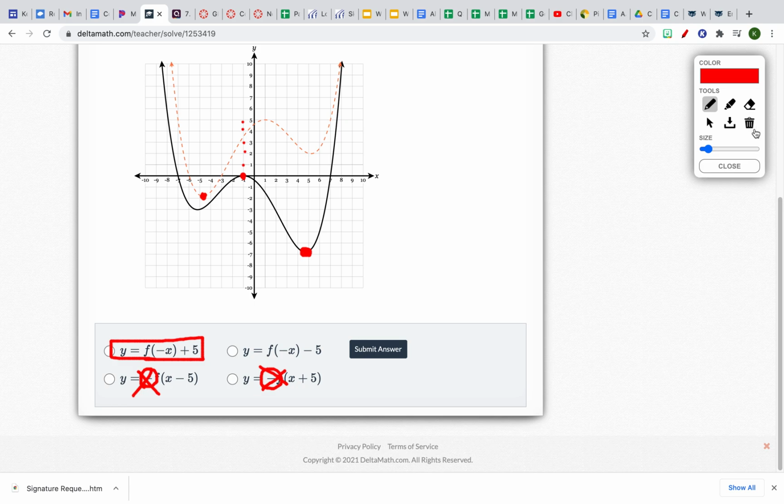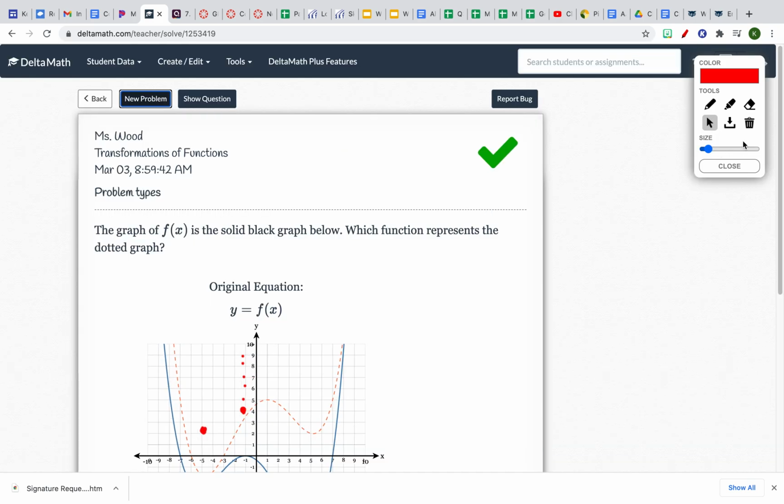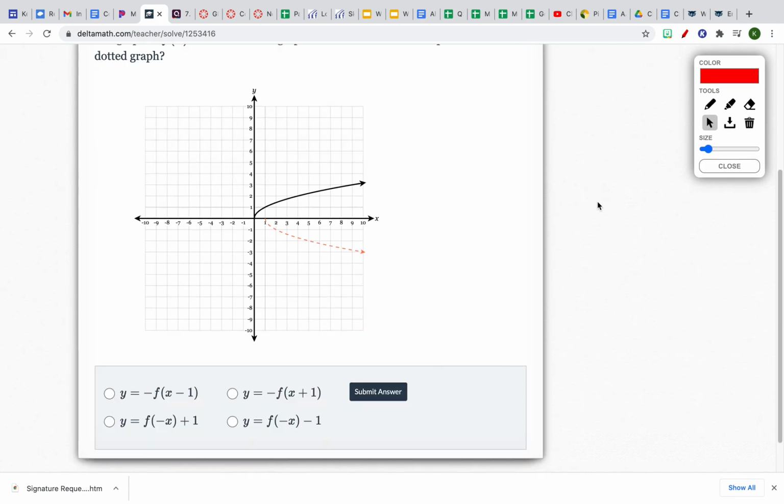Notice how I have to use problem-solving skills in order to figure this out. Okay. I'm reflecting it across the x and shifting it to the right one. So to the right one means it's going to be a minus 1. So I can tell very quickly it's going to be this one.